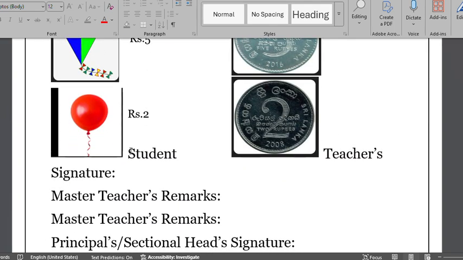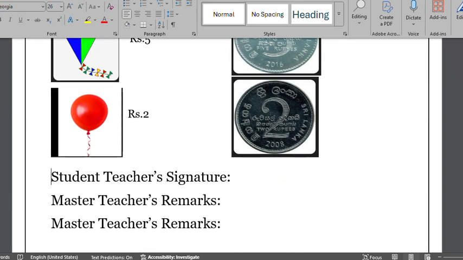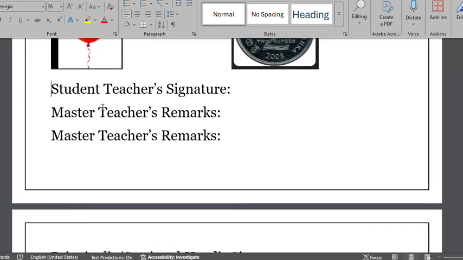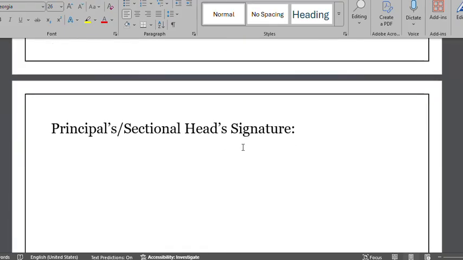Then another thing is, you want to mention the student teacher's signature, master teacher's remarks, and master teacher's signature will come here. Then next one is the principal's or sectional head signature.